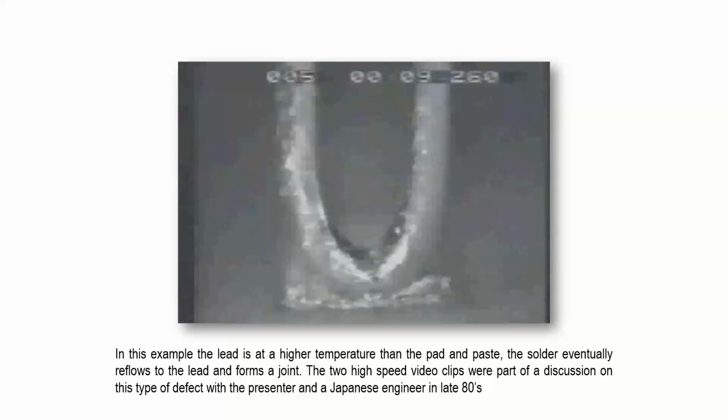And just to illustrate this point, this is just one video clip. I did some work quite a few years ago with high-speed video photography, but this particular example is from a Japanese engineer who was using different techniques to look at wicking on solderable finishes and on solder terminations on components. He was able to demonstrate and set up so you could see the wicking effect that was going on.